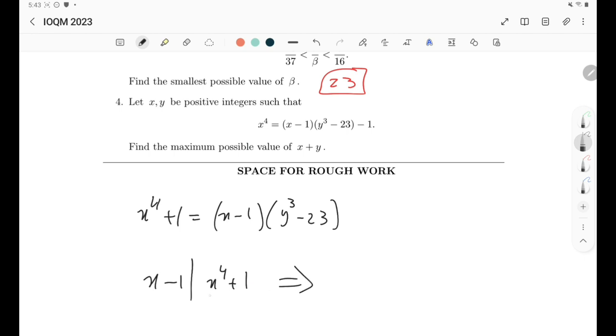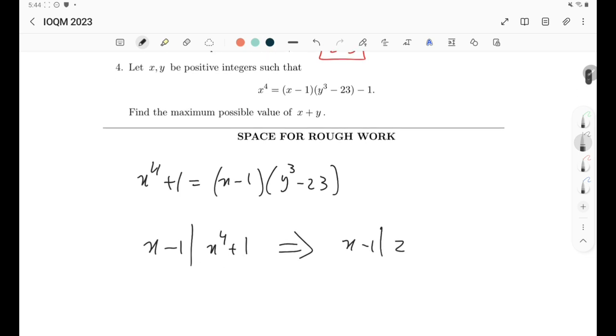If you take mod x minus 1, this part is of course 0, so x is 1 mod that. And this thing should be 0, but we already said that x is 1, so that means that x minus 1 must divide 2. Again, just a simple mod argument.